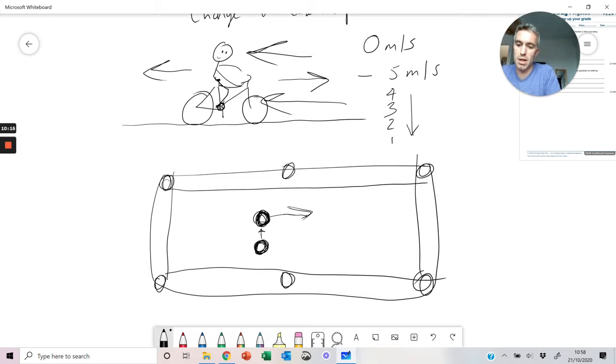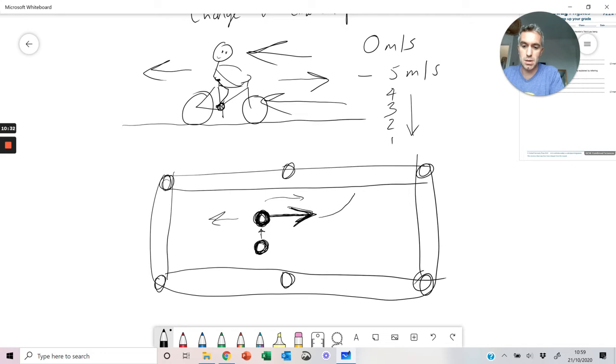If you have something moving in one direction, like this, and then a force comes along the side, not in the direction of the motion, and not against it, but from the side, like at 90 degrees, what's going to happen?